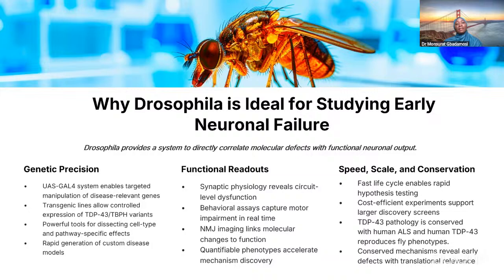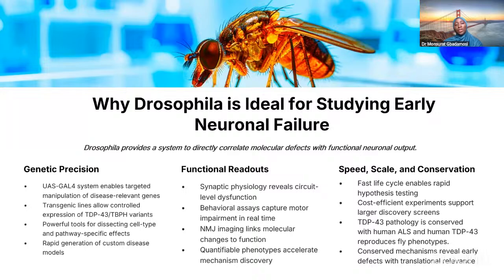And also we have molecular tools that we can use to do genetic manipulation. The most famous and versatile of them all is the UAS-GAL4 system, which I personally love because it's easy to use and it makes your life quite easier when you want to do genetic studies. Also, the functional readout of all these genetic experiments is pretty easy to see.